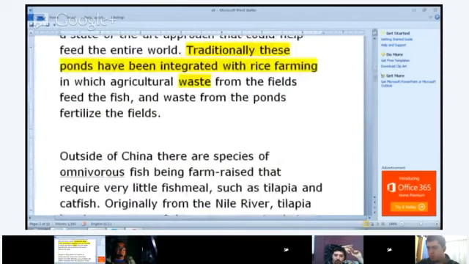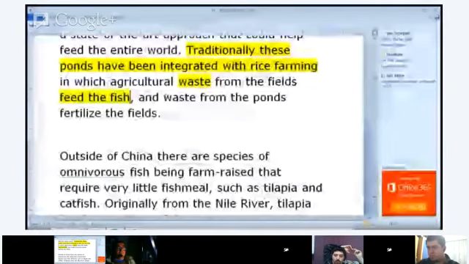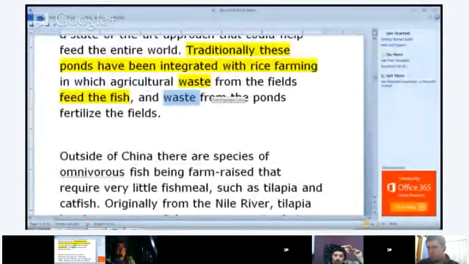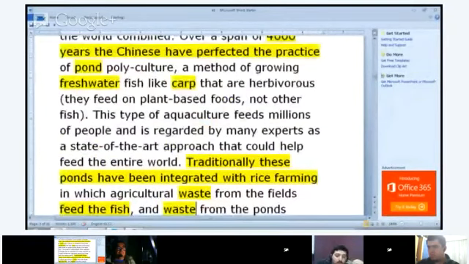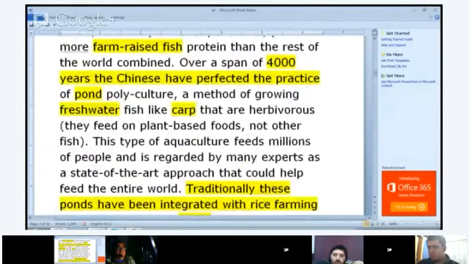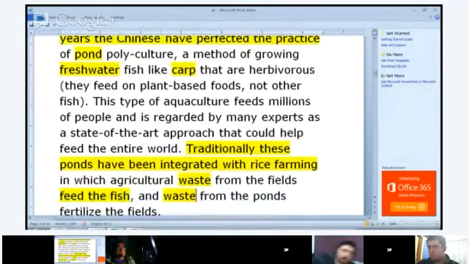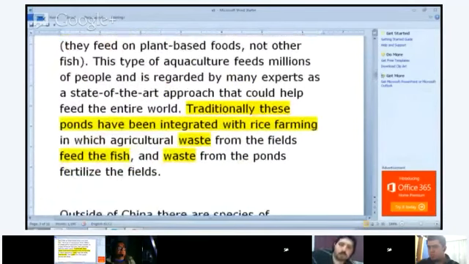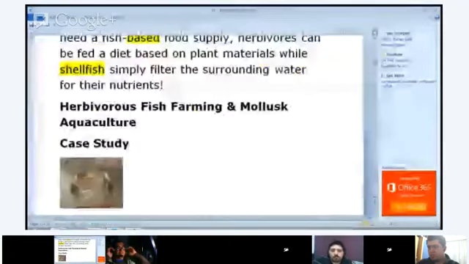And so agricultural waste from the fields feeds the fish, and the excrement, the waste produced by the fish, fertilizes the fields. Do people understand how those two methods of farming work together? Yes. Okay. All right. So this is what we're talking about.